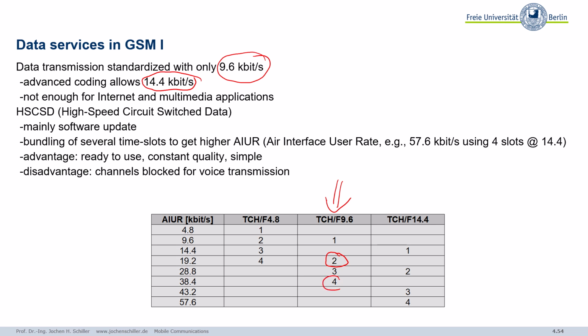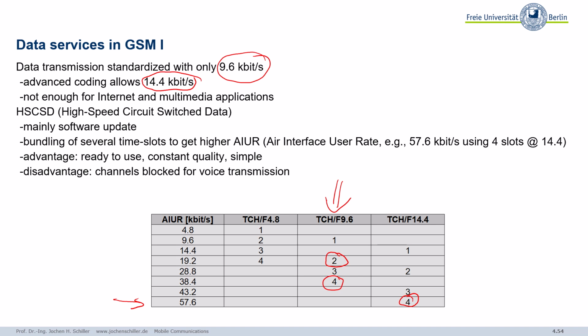By using 4 time slots, 38.4 kilobit per second. If we then go to a different coding, less redundancy, that means we can achieve almost 60 kilobit per second. So that's the so-called air interface user rate, 57.6 kilobit per second, by using 4 time slots at 14.4 kilobit per second.